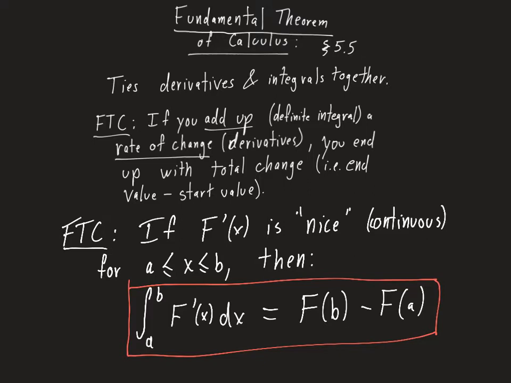And specifically, if the function you are integrating is a derivative, which means if the function that you're integrating is itself a rate of change, then you can think of definite integration as tallying up your total change over the period of time, or over the interval, say in this case, from a to b.